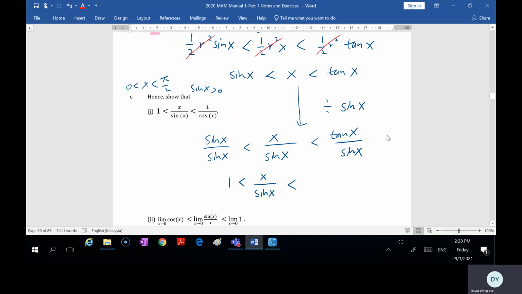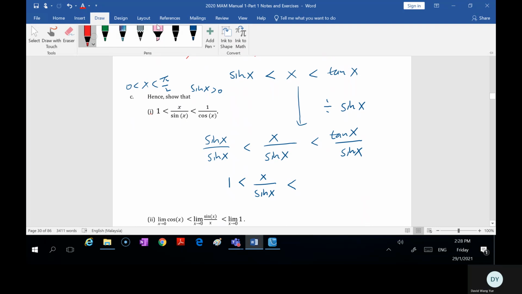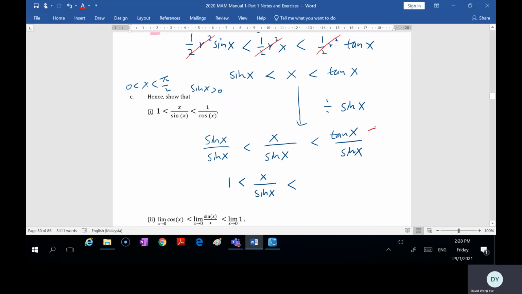Now tangent x is sin x over cosine x. So sin x over cosine x divided by sin x is sin x over cosine x multiplied by 1 over sin x. Dividing by sin x means multiplying by 1 over sin x. So it equals 1 over cosine x.